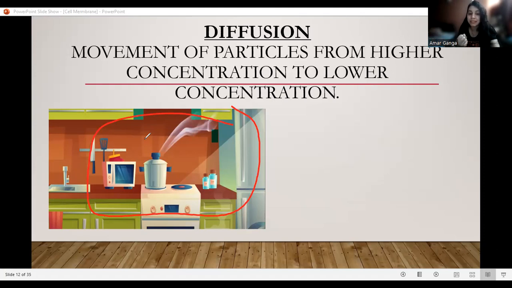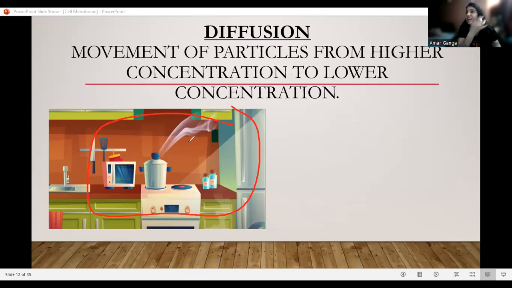But to get the smell of cold food, we have to go close to it and check it. So you can see here the hot particles move faster in comparison to cold particles.